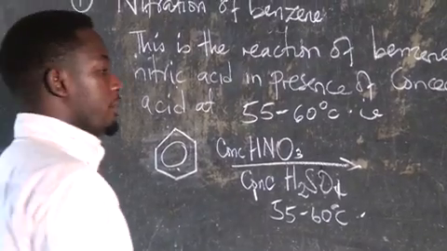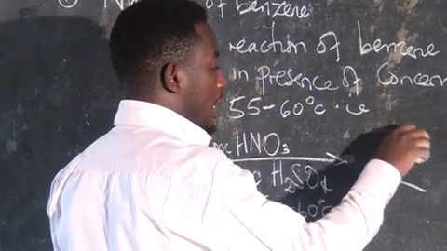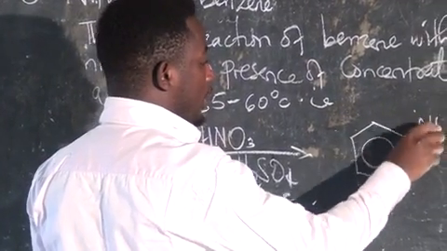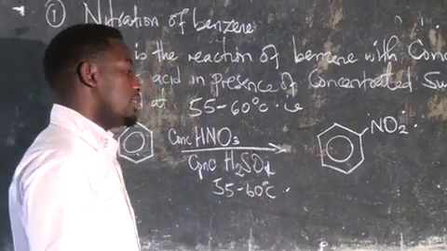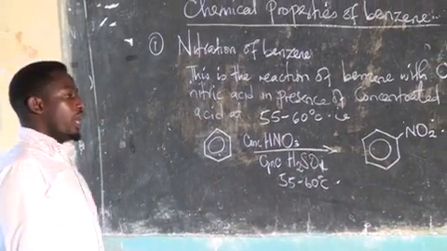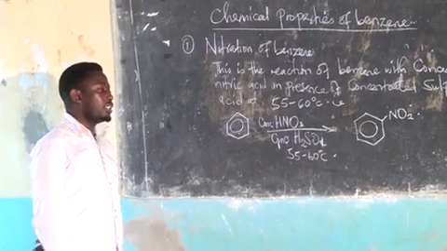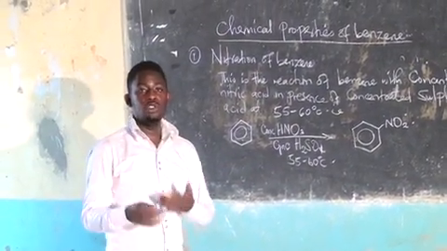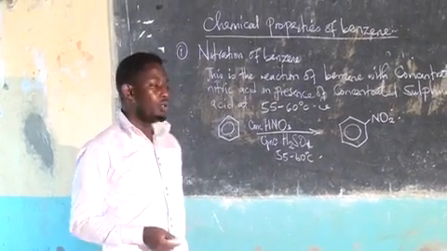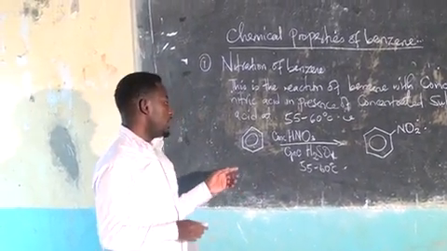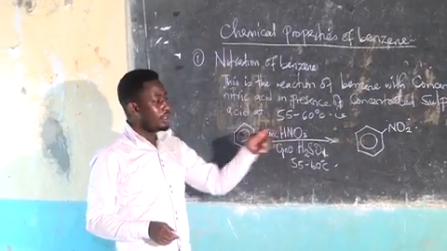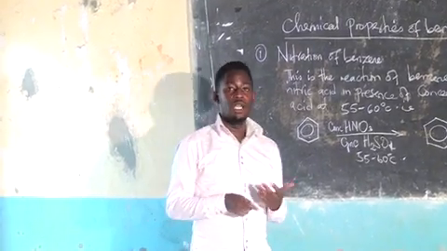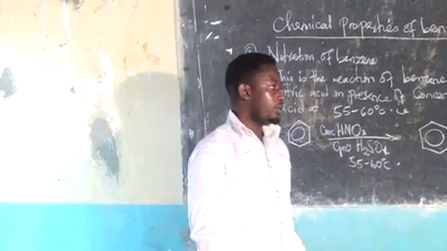This leads to the formation of nitrobenzene. Of course, we can use the ring or the chemical structure, either can work, and sometimes we interchange the usage. But it's better that when you begin with the ring, you maintain the ring, and when you begin with the chemical structure, you maintain the chemical structure.